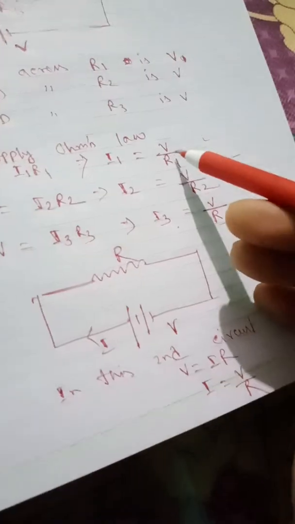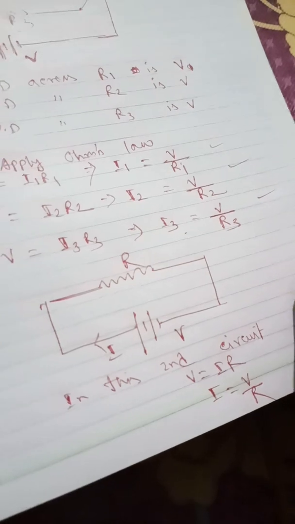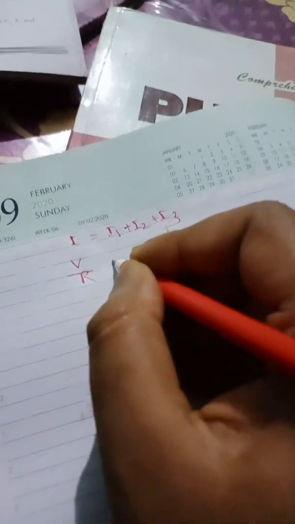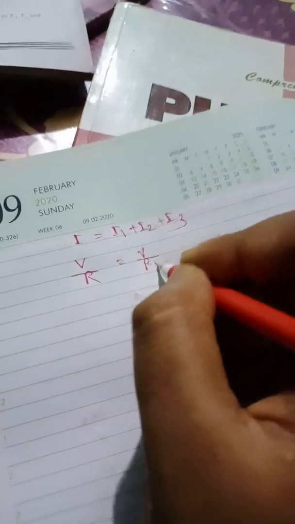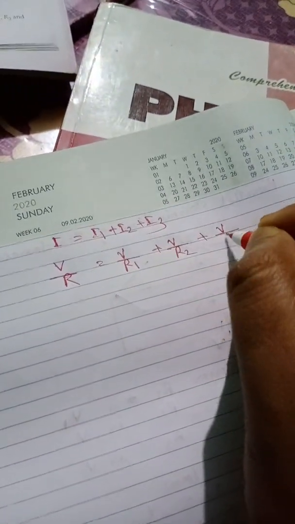Now we put the value of I1, I2, I3 and I also. What is the value of I? The value of I is V by R, the value of I1 is V by R1, I2 is V by R2, and I3 is V by R3. We put all these values in this equation: V by R is equal to V by R1 plus V by R2 plus V by R3.